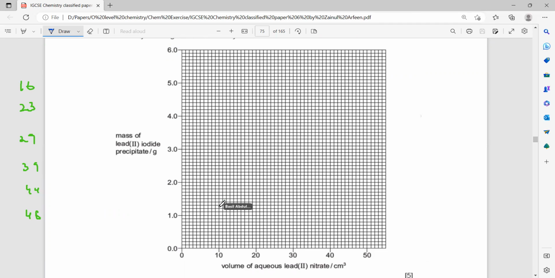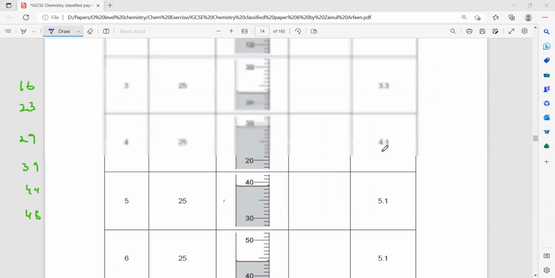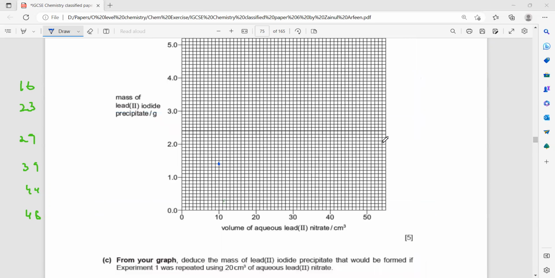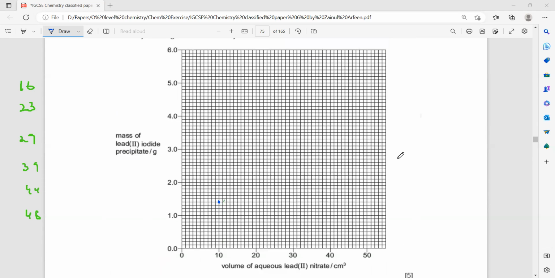So this will be 1, 2, 3, 4. This is 1.4 at 10. The second value is 16 and the mass is 2.3. Each box represents 1, because 10 boxes equal 10.